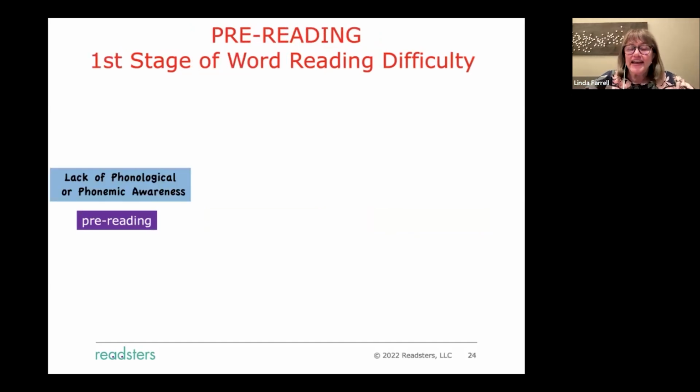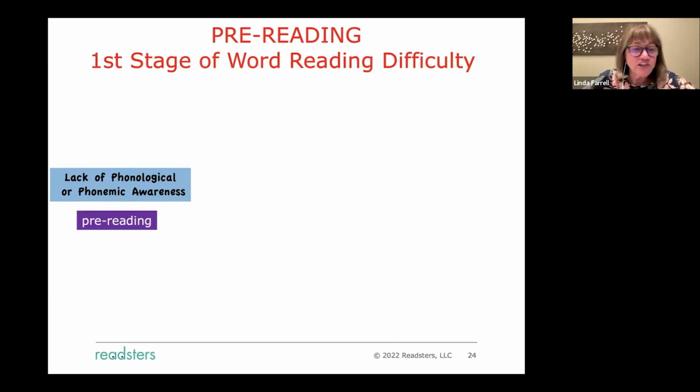The pre-reading stage would include that they don't have their phonological or phonemic awareness. Here's the question: can they blend and segment without letters any sound? And can they recognize the difference between two words that have what's called a minimal contrast, only one sound different? Like, what's the sound that is different between cat and caught, or between caught and cod?